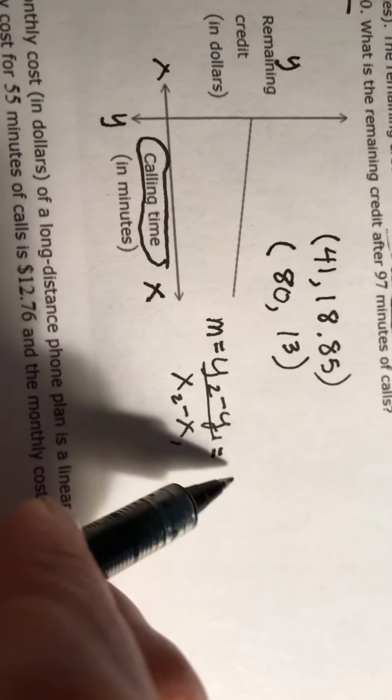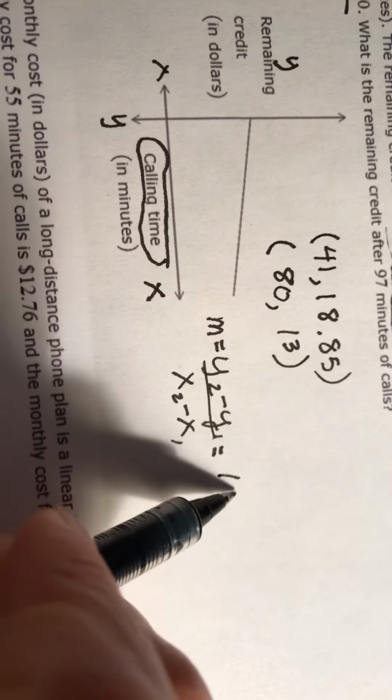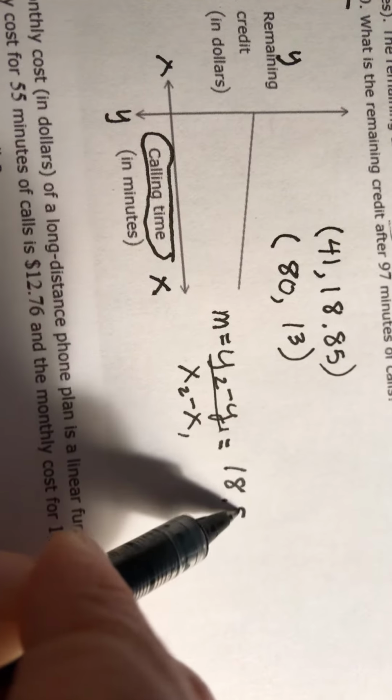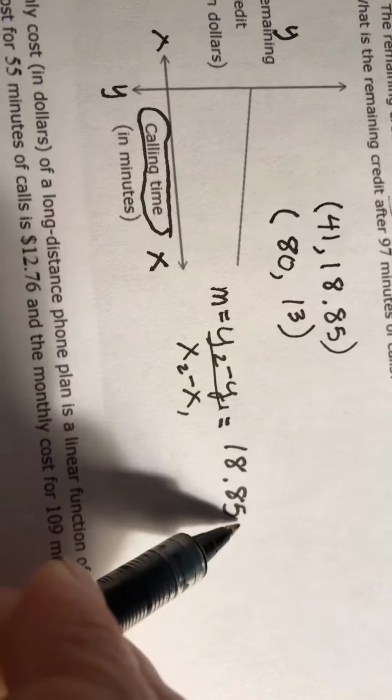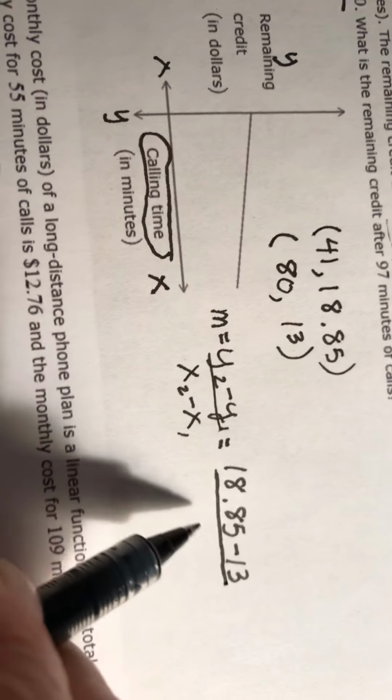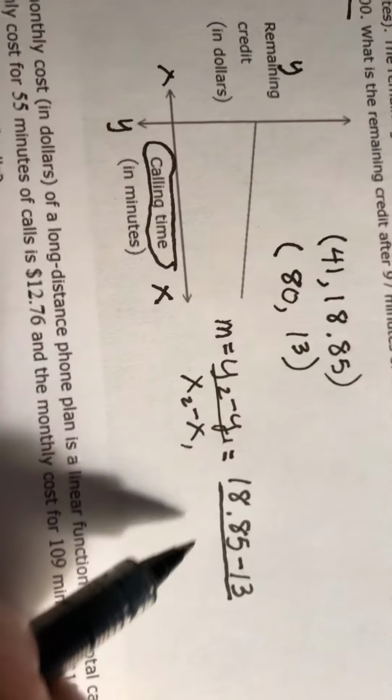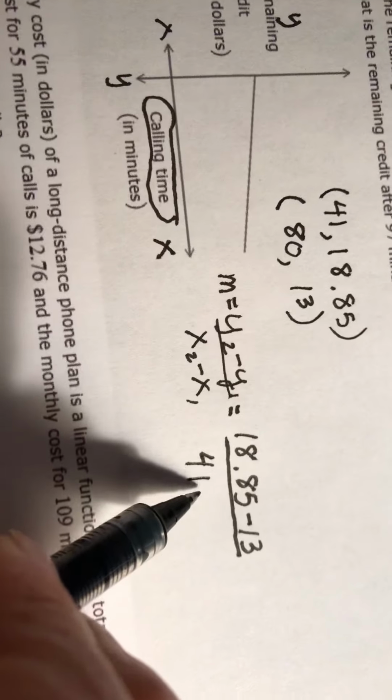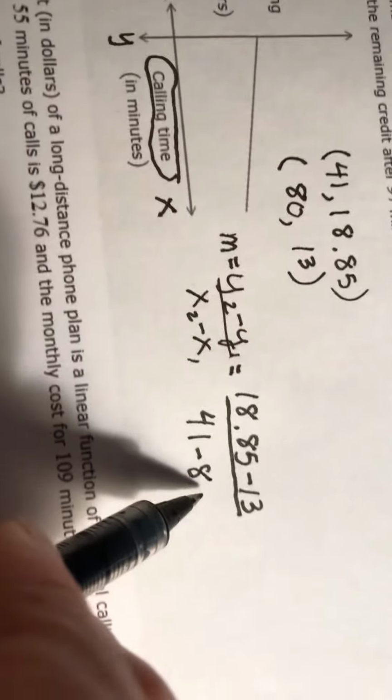All right, so let's do y minus y. It doesn't really matter which one you do first, so let's just put the $18.85 first minus the $13. The y's go in the numerator. And I have to do 41 minus 80.